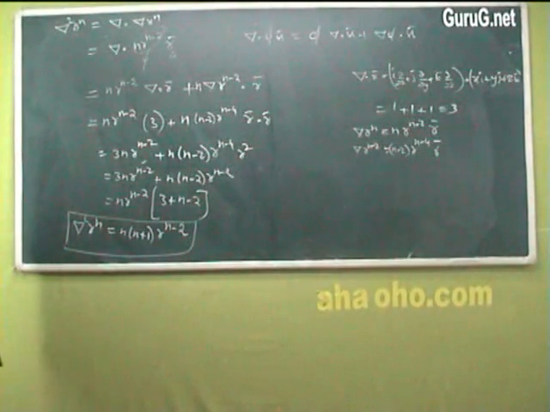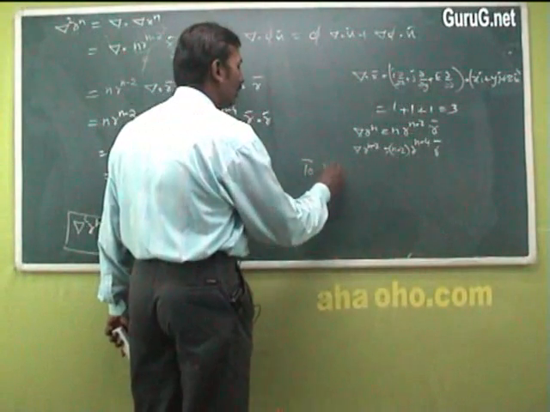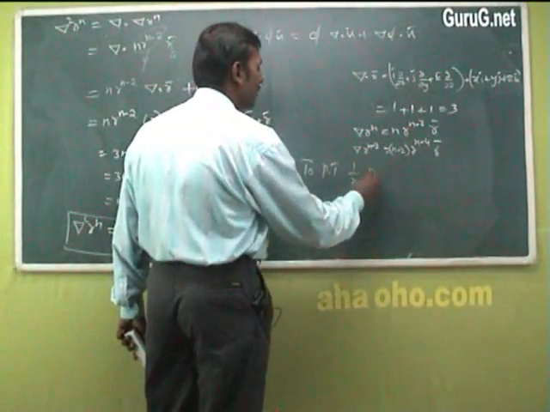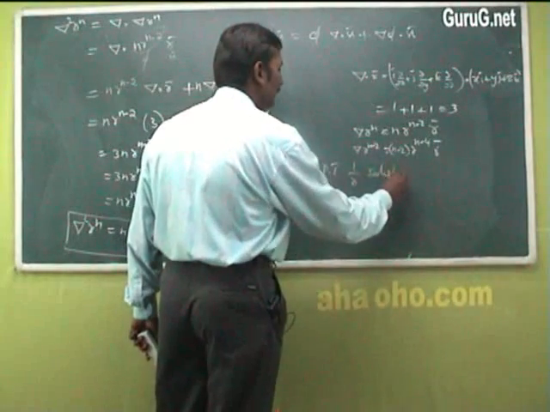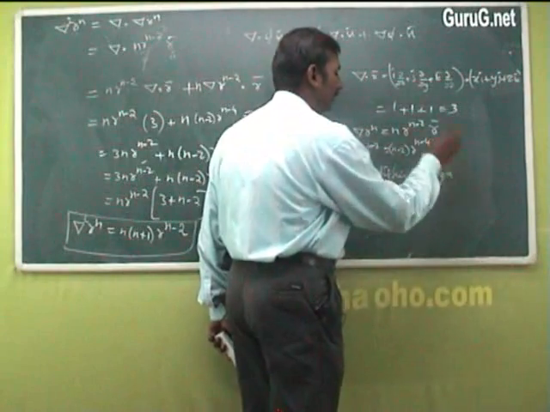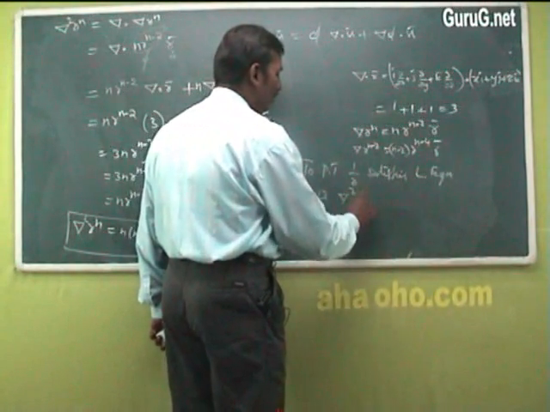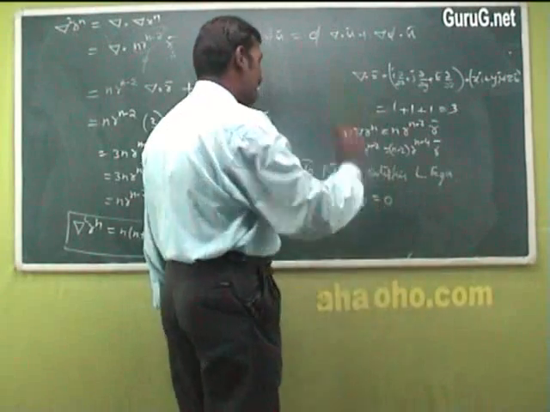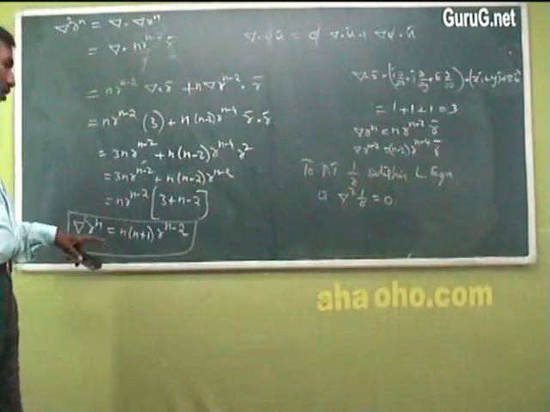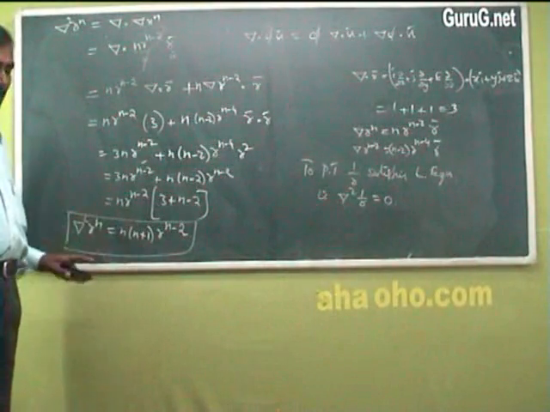What are we to deduce? To prove that 1 by r satisfies Laplace equation, that is to prove del squared 1 by r equals 0. So put n equal to minus 1 in this result, both left hand side and right hand side.